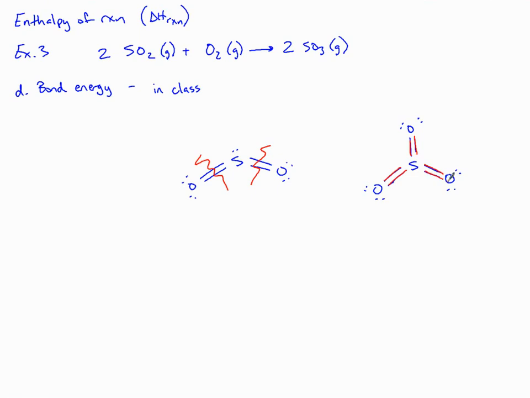So in terms of bond energy, we want to break all the bonds of the reactants, and we want to put together all the bonds of the products. How much energy does it take? So that's the short version, and we will get to that later on. But we'll definitely do it because this has showed up on the AP exam several times in recent years, and so it's worth us going over.